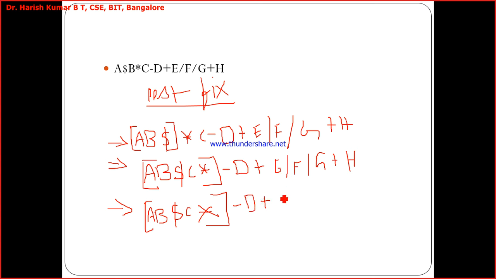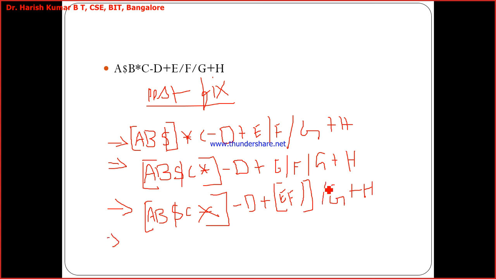Now I'll do this. So it is EF, okay, slash. So this I'll write in big bracket. So you keep writing simultaneously along with me. Take a book and pen and keep writing. And the rest all I'll write as it is. G and then plus H. Okay. Next.